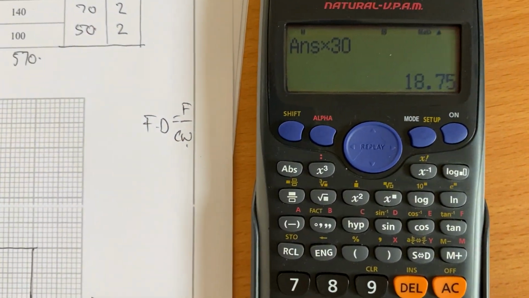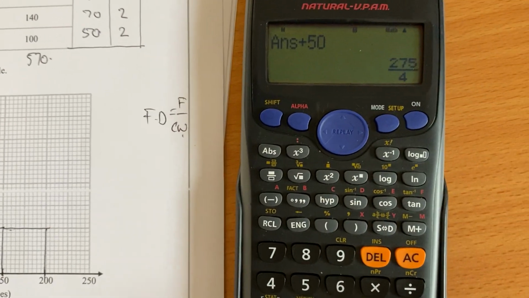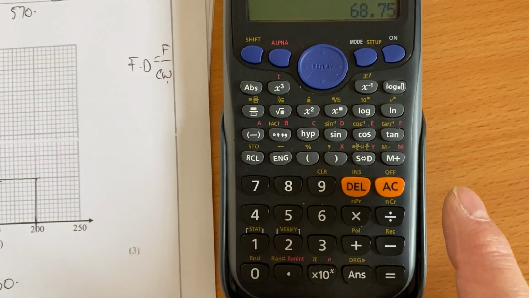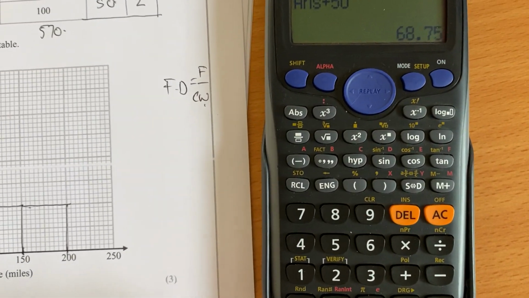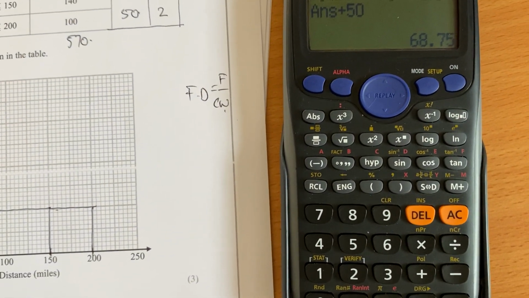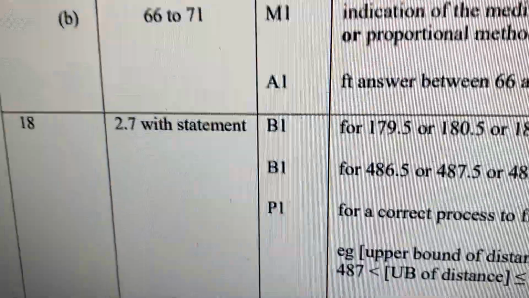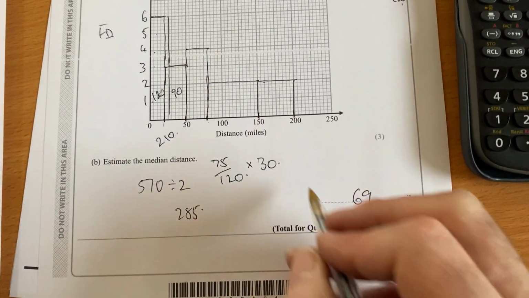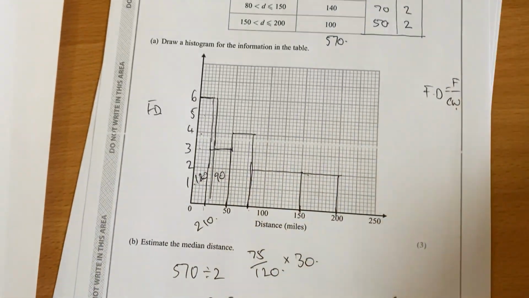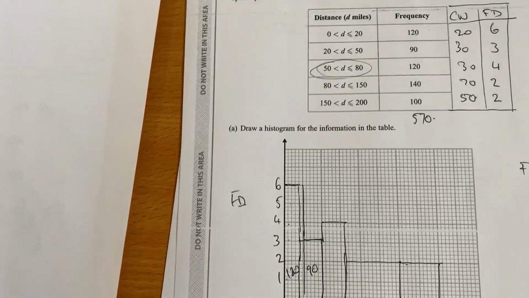So now if I add the 50 to that, I get to a value of about 68.75. So roughly 69 miles. Lots of ways of doing it. They like the answer somewhere between 66 and 71. And I've actually got more of an accurate one. It's quite complicated the way I've done, but hopefully you've understood that. And that's your grade 9.